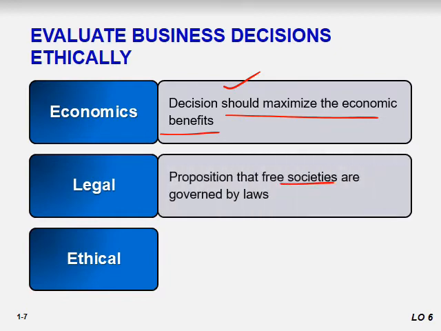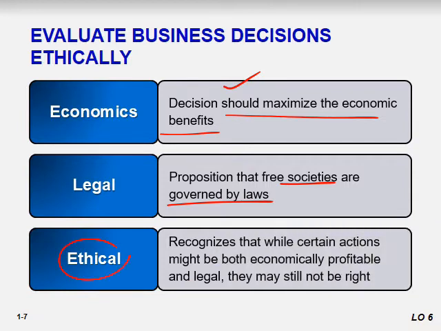The second is legal: whether the decision is good for the society and is under the law provided by the government. And the last one is ethical, in which it may be legal, but whether this action is still right or wrong.